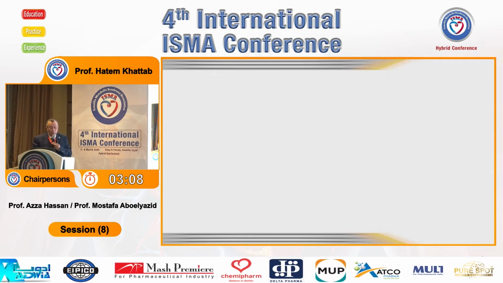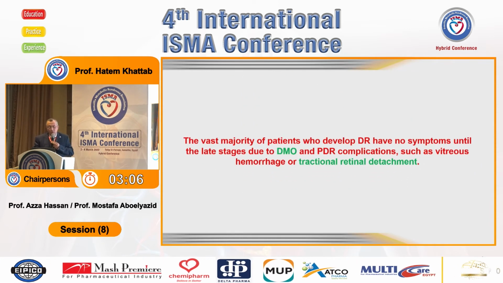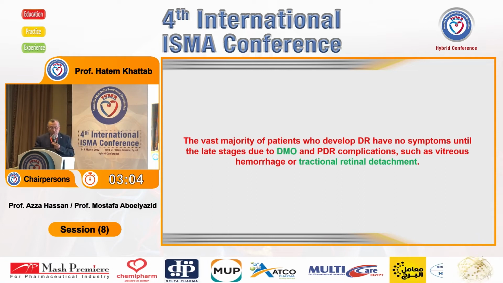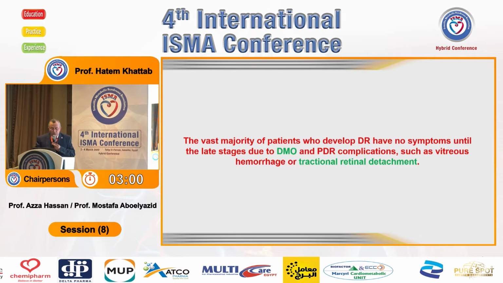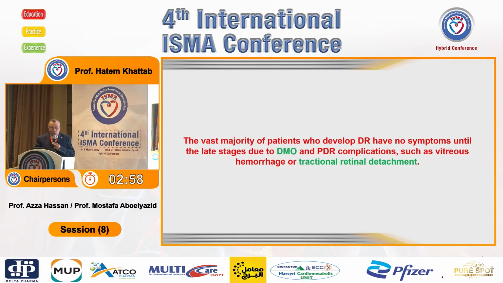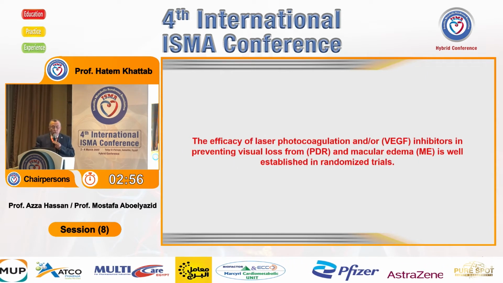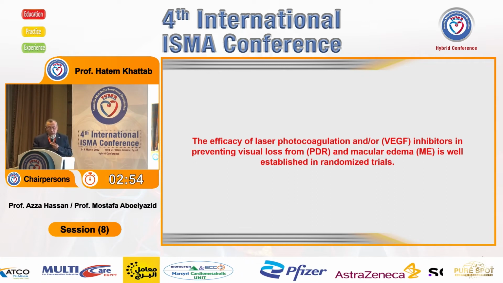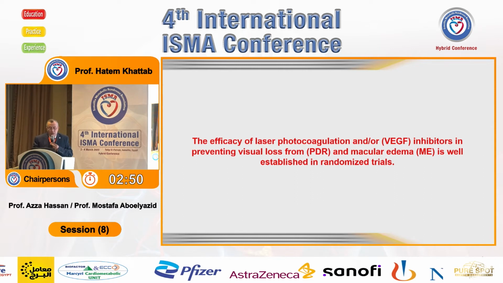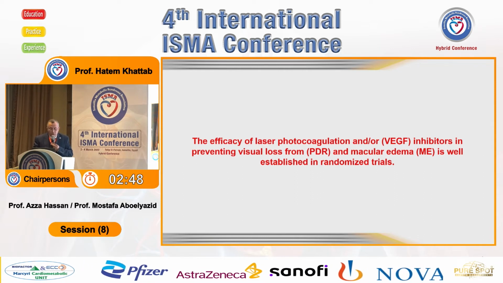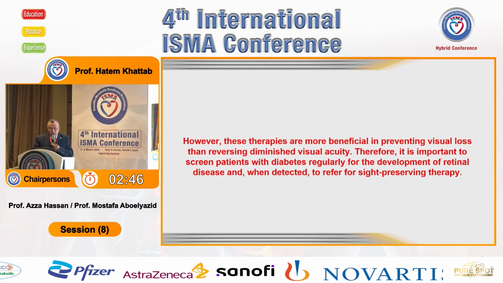Why do we screen for diabetic retinopathy? We all know that the vast majority of patients who develop diabetic retinopathy have no symptoms until the late stages with diabetic macular edema or traction retinal detachment. Also, the efficacy of laser photocoagulation or anti-vascular endothelial growth factor inhibitors in preventing visual loss from this complication is well established.